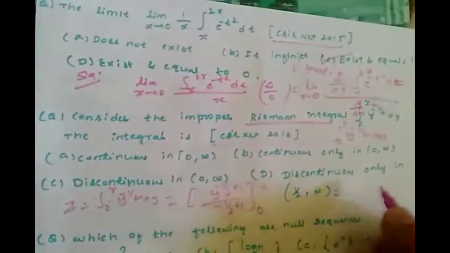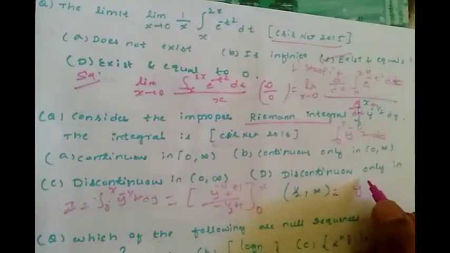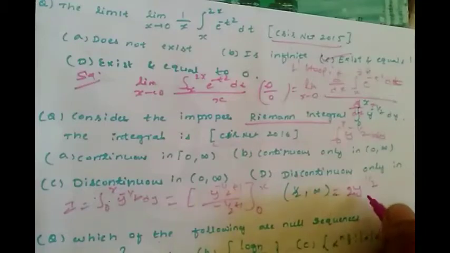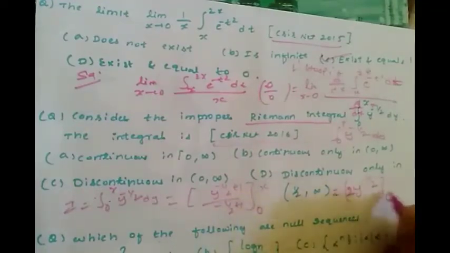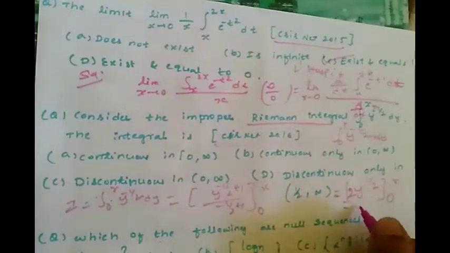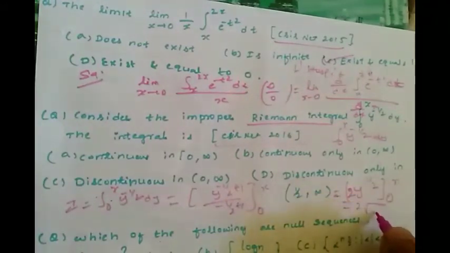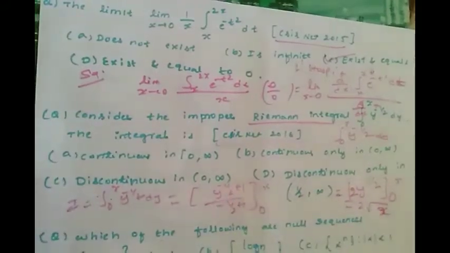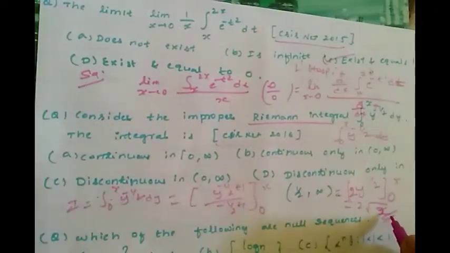This is equal to y power of 1 by 2 into 2, so 2 y power of 1 by 2. Applying the limits 0 to x, that is equal to 2 root x.